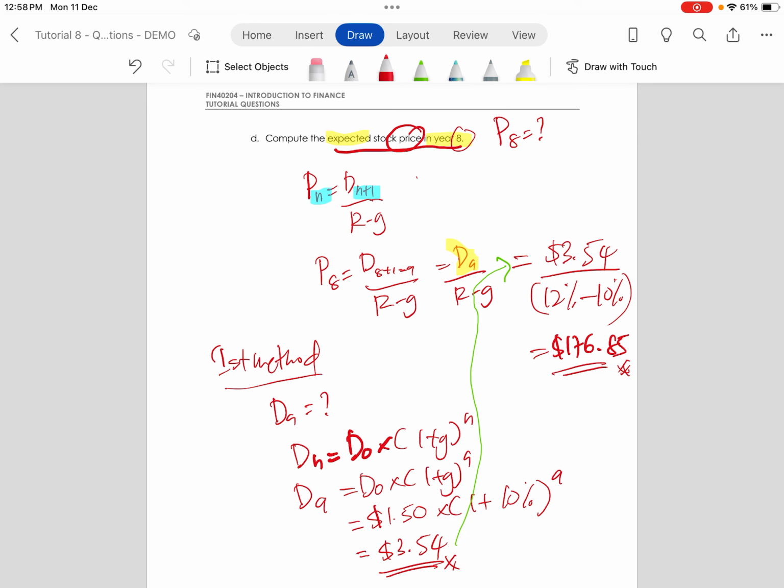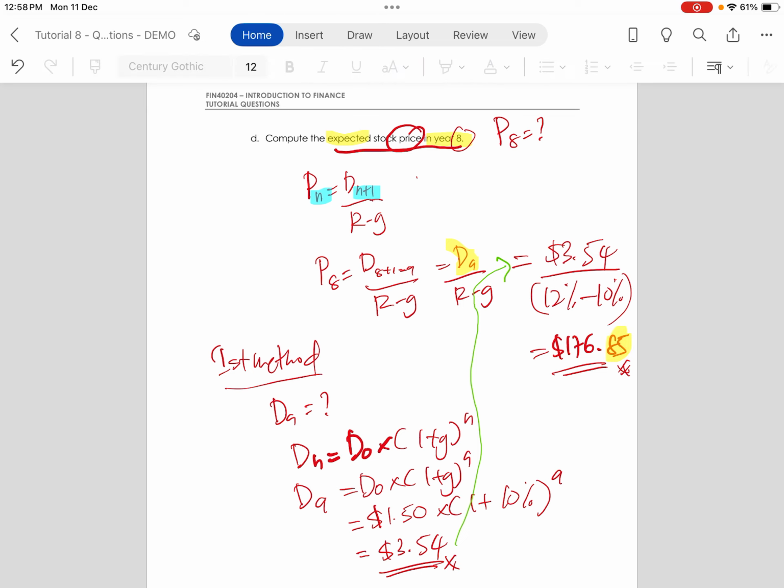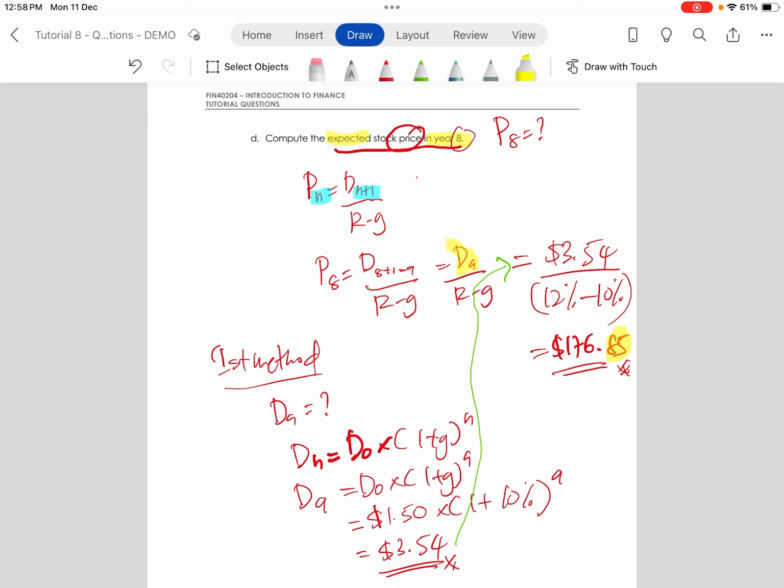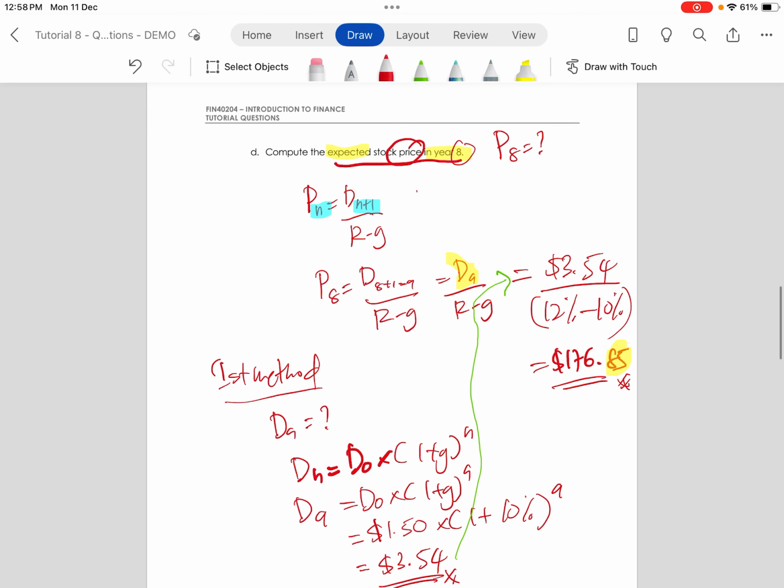Remember, if the last digits differ a bit, don't worry, small differences don't matter. If you calculate using this, you can also get 177.